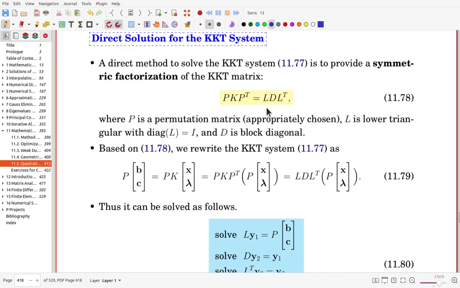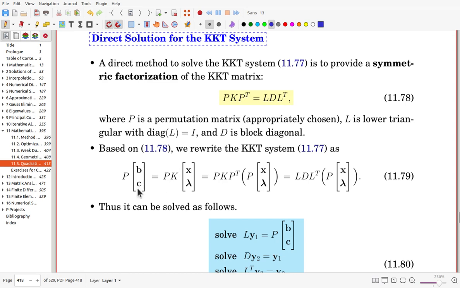Here L is a lower triangular matrix with a diagonal of 1. Every diagonal entry is 1. And D is diagonal, but block diagonal. So once we can get such a decomposition, then we can solve the problem quite easily.